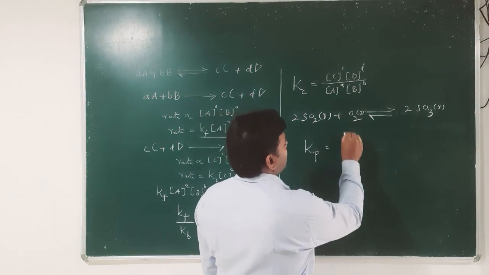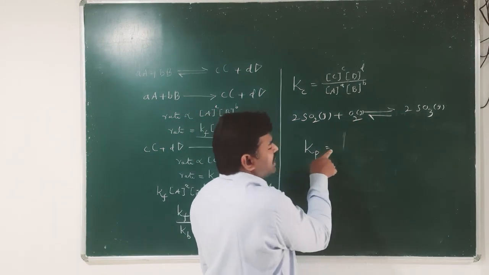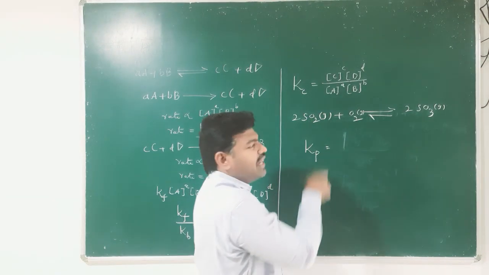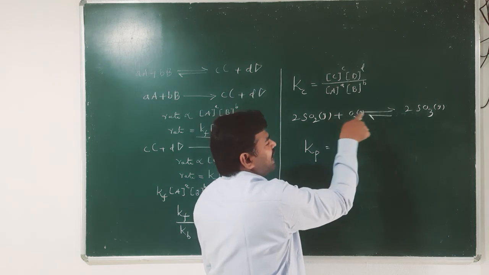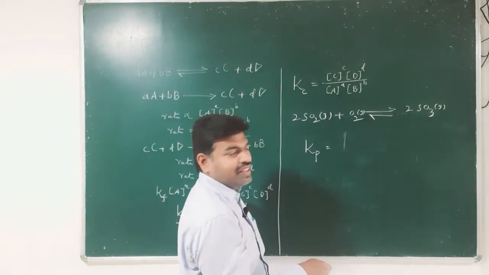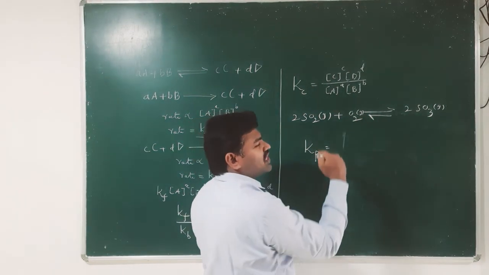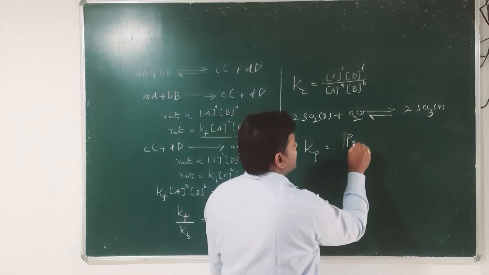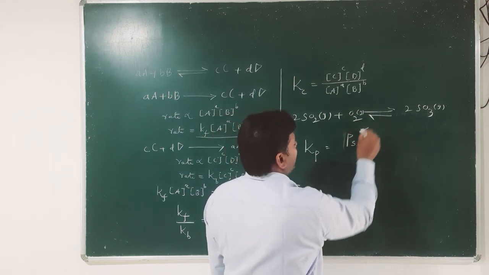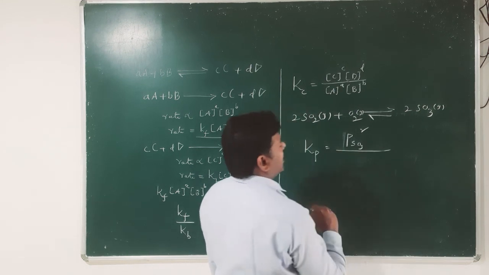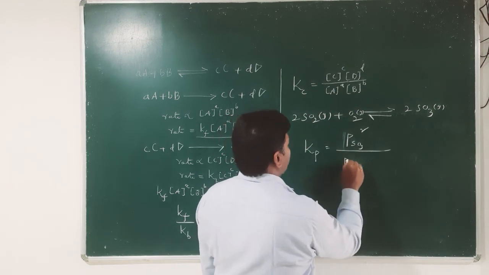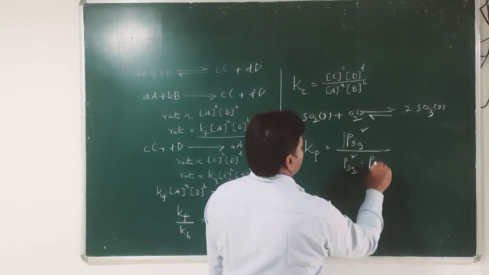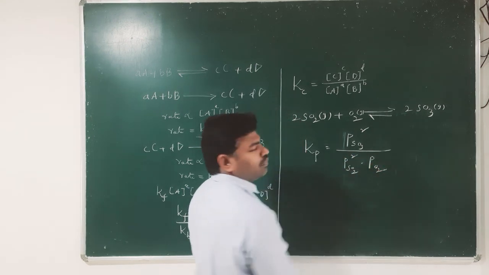The equilibrium constant is a ratio of concentration of products to concentration of reactants, but here the reactants and products are gases. So, we can express the concentration of gases in partial pressure: partial pressure of SO3 squared, by partial pressure of SO2 squared and partial pressure of O2.